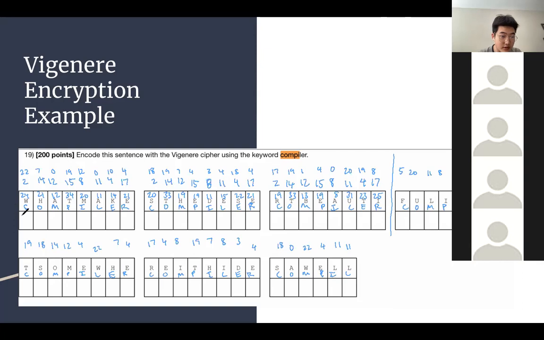Where do we have 24s? We have a 24 here. Don't see another. 21 is V. 12 is M.